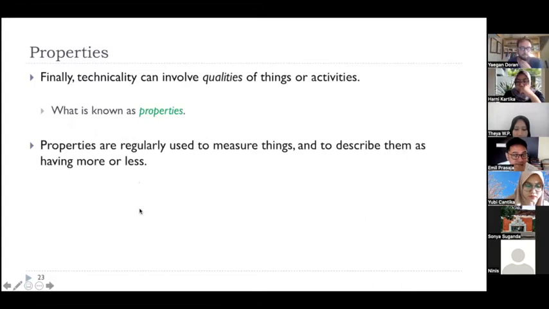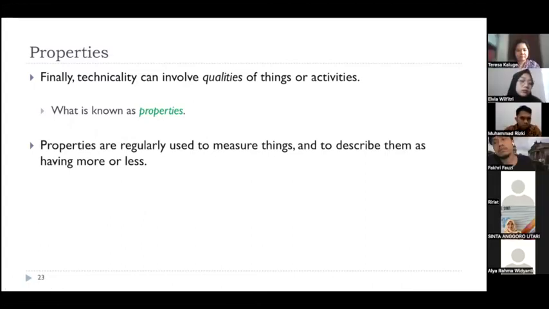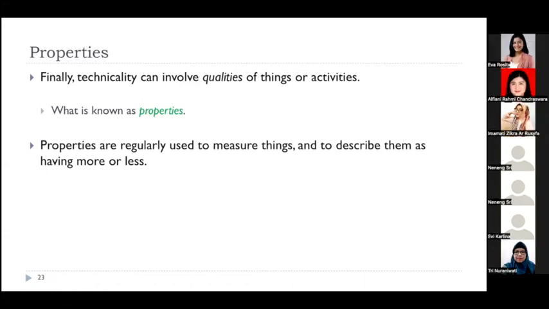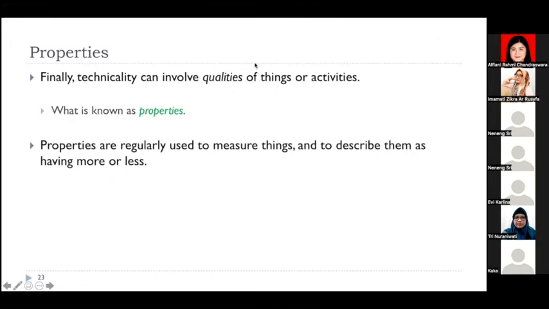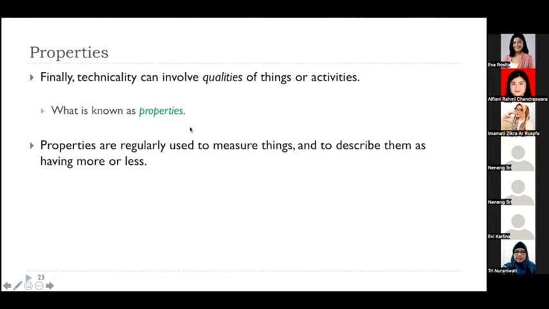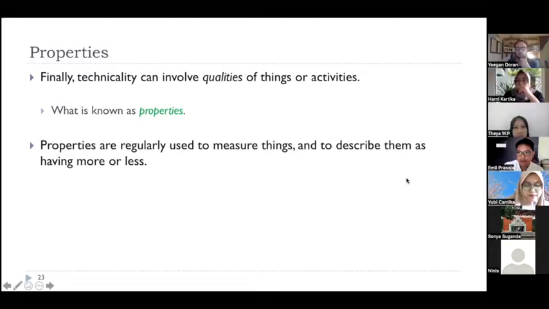And finally, technicality can involve not types or subtypes or part whole or events, but qualities of things, descriptive qualities, what are known as properties. And properties are regularly used to measure things or describe them as having more or less of something.